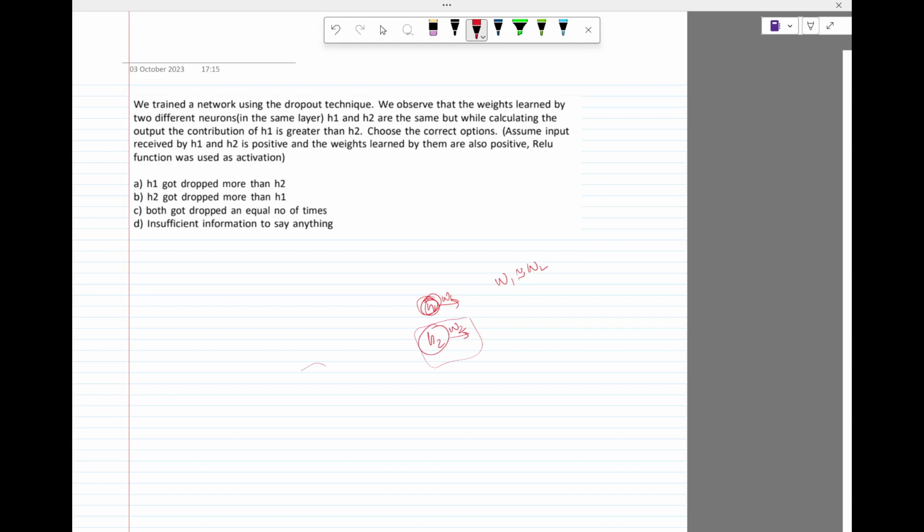Because when you have a layer and you're dropping out certain nodes, then the other nodes are sort of forced to learn features that contribute. And the next batch, when some other random nodes will be dropped out, then the ones which are not dropped out will try to learn the features. But if a certain node again gets dropped out, then it is not able to learn any feature which contributes.